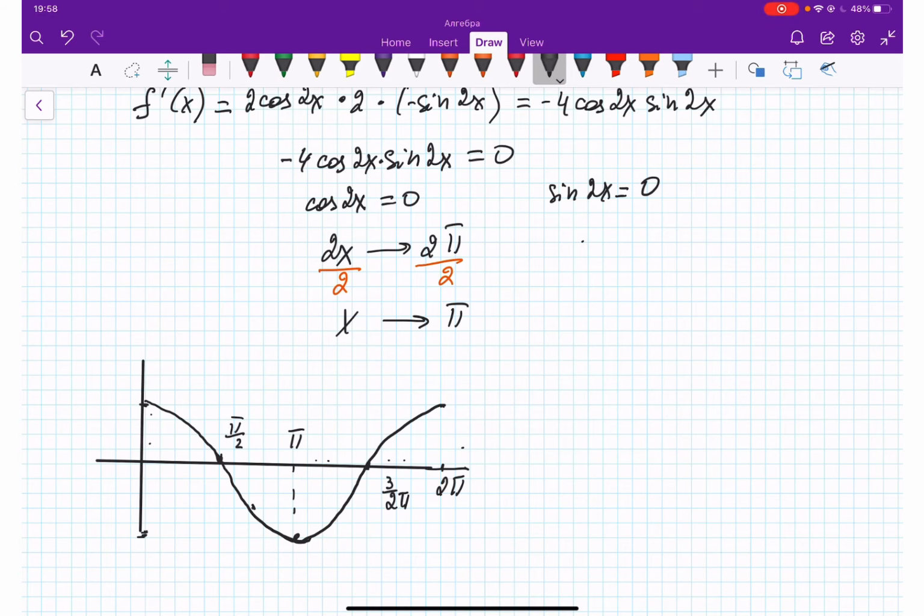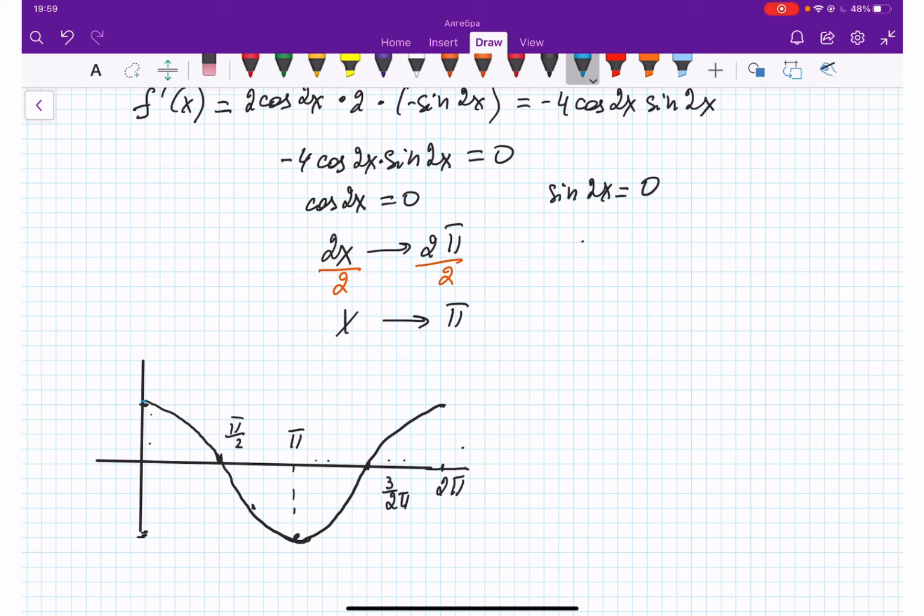Now, for the regular cosine x the period is 2 pi, but for our cosine 2x the period is going to be 1 pi. So let's squeeze it in and see what we get. It's going to start the same way, right here, and practically everything is going to be divided by 2.